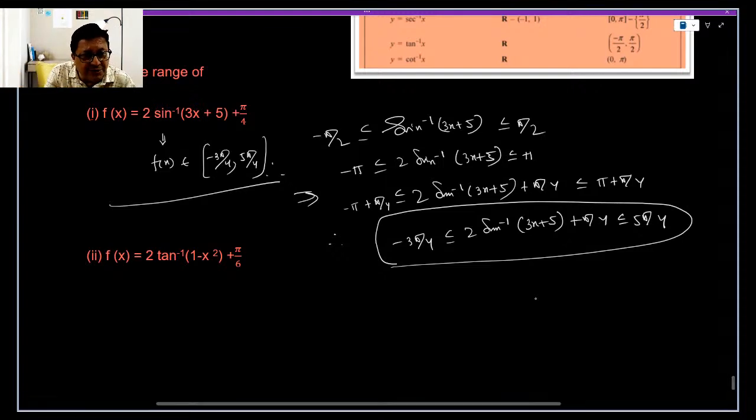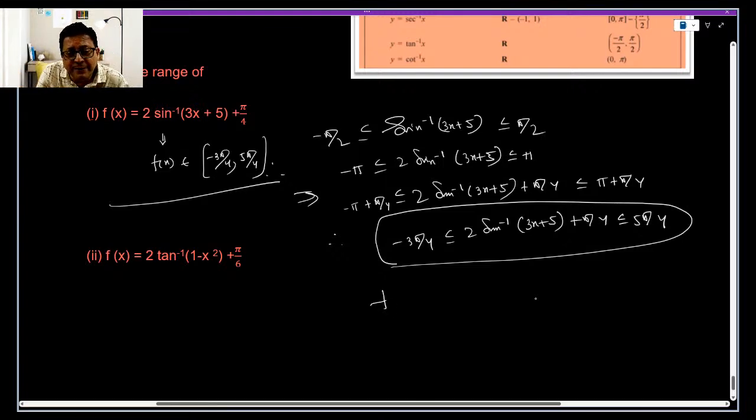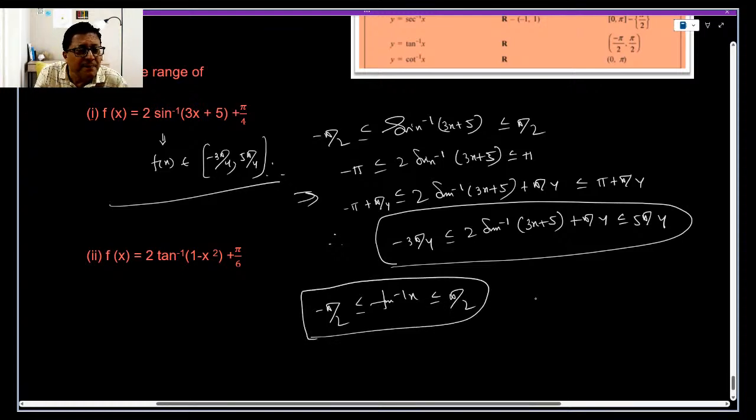That range. So only for tan inverse x, if we are asked, it is greater than or equal to minus pi by 2, less than or equal to pi by 2. But here it is tan inverse of 1 minus x square. If it were a domain, we could have struggled with 1 minus x square. Here we will not do that. We just see that 1 minus x square can take a maximum value of 1, so no need to extend up to pi by 2.